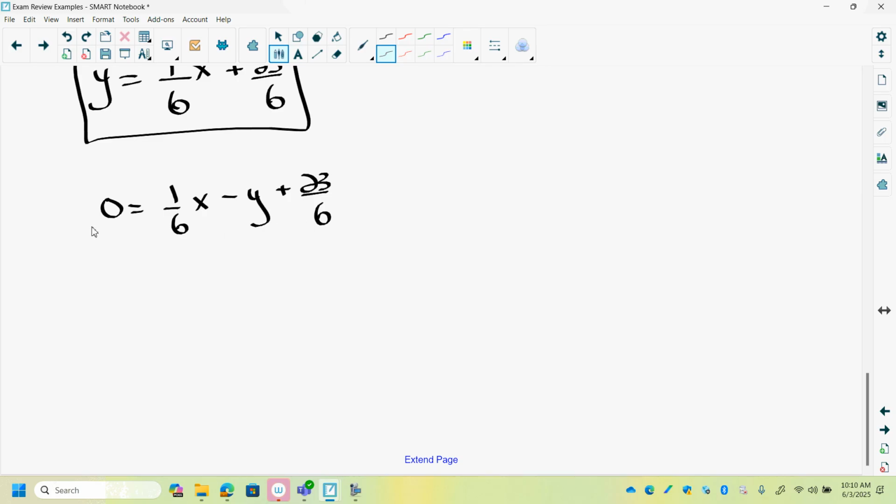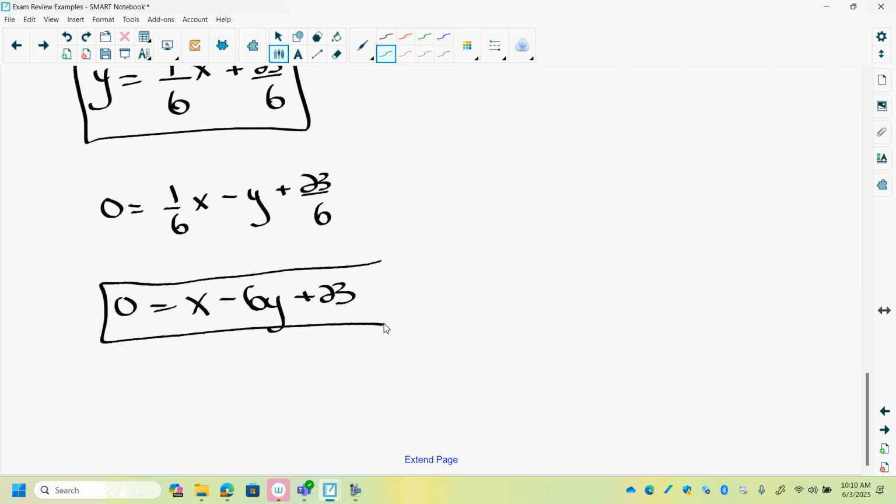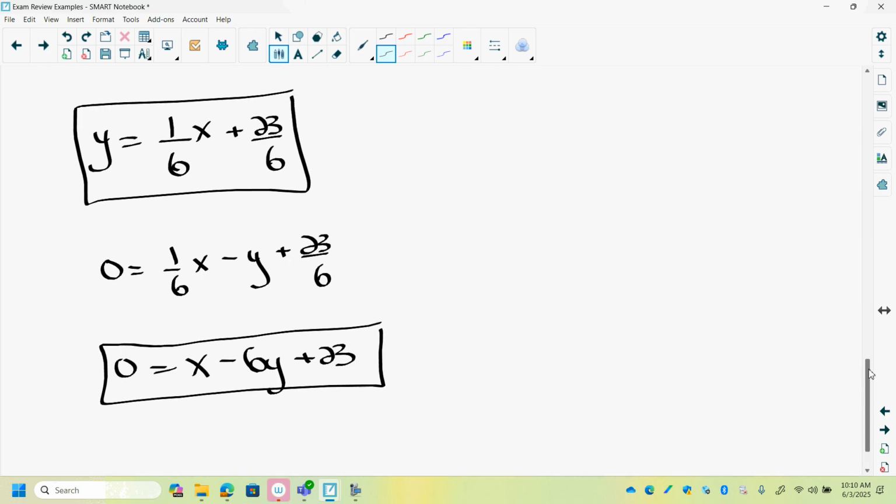Multiply everything by 6. What's 0 times 6? What's 1 over 6 times 6? So it'd be 1x. Negative y times 6, negative 6y. 23 over 6 times 6, 23, not 32. I would be fine with either of those answers. Cool?